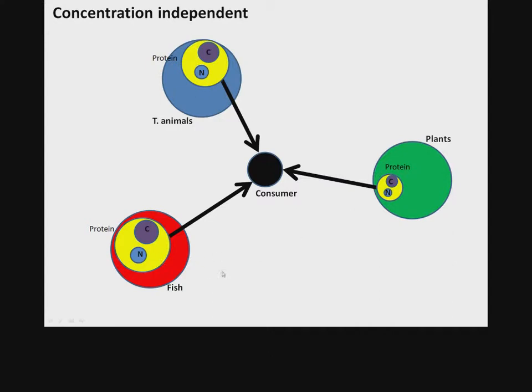How does one implement this problem in FRUITS? Well, FRUITS allows you to do this in two ways. The first obvious one is that you would consider two fractions: the elemental carbon within the protein, and the elemental nitrogen within the protein.